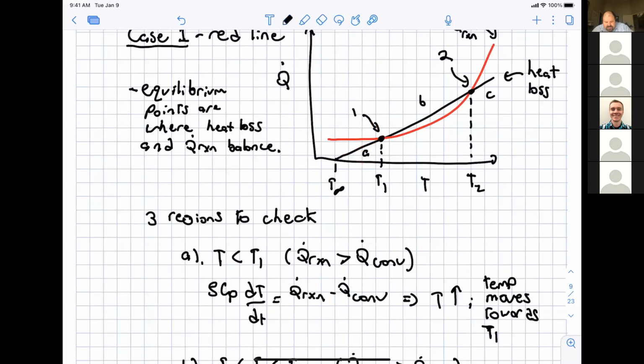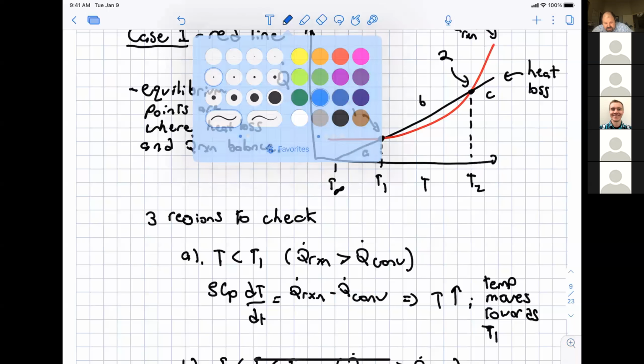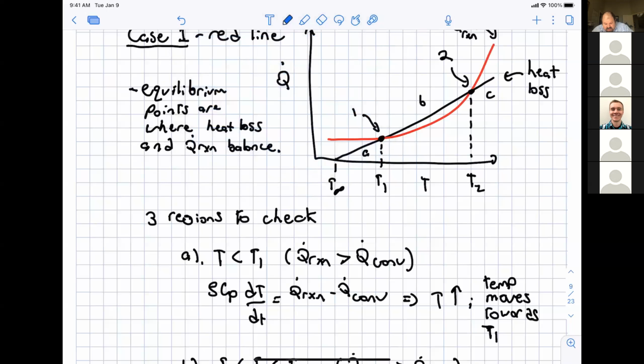And what happens is the solution trajectory, say if we start here, it will actually go up along this line until it gets to the stationary point T1. Okay, but it will stop there because at this point here, it is perfectly balanced.